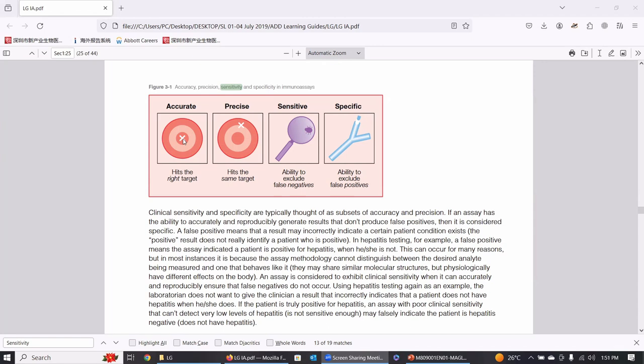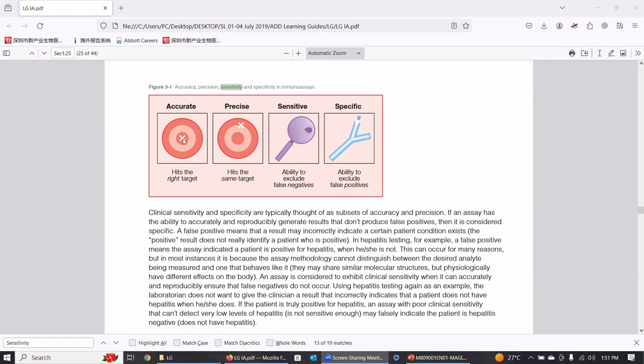If you run it 10 times and the target value was 145 and your results come 143, 142, 144, 145 and 146, it means your results are accurate and precise.